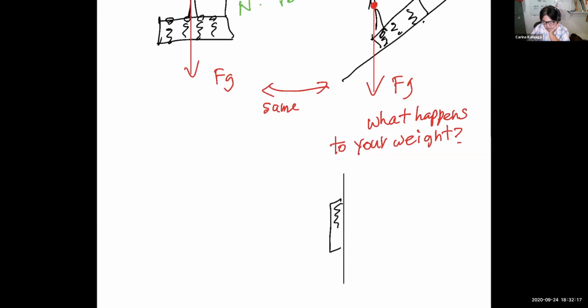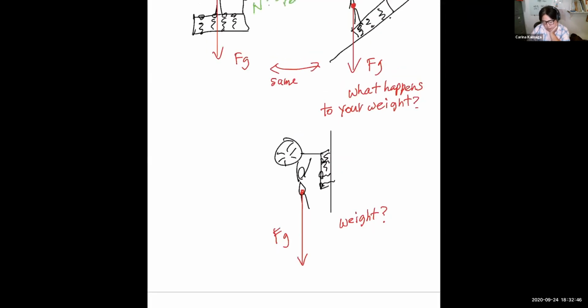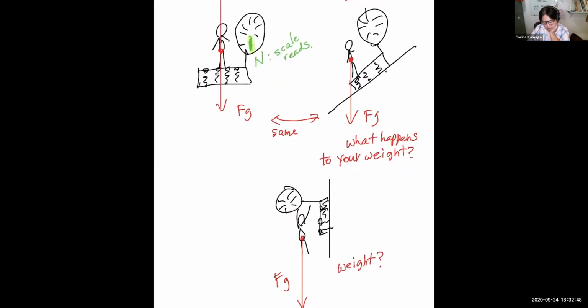What happens to your weight when you're completely vertical? Gravitational force is always vertically downward. When you're completely vertical to the wall, does your weight change?